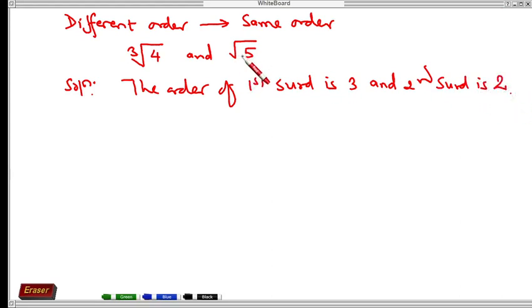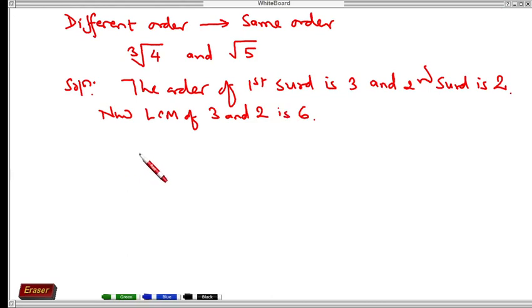Yes, this order is 2 and this order is 3. Now the LCM of 3 and 2 is 6. So we should make the order of the first and second surd 6, the LCM.